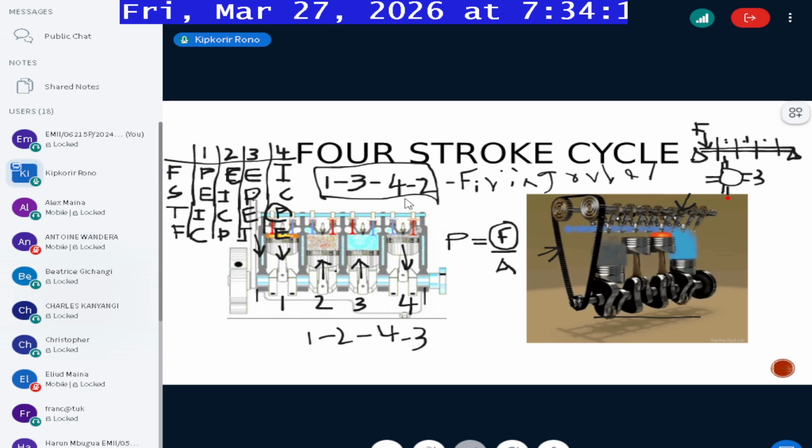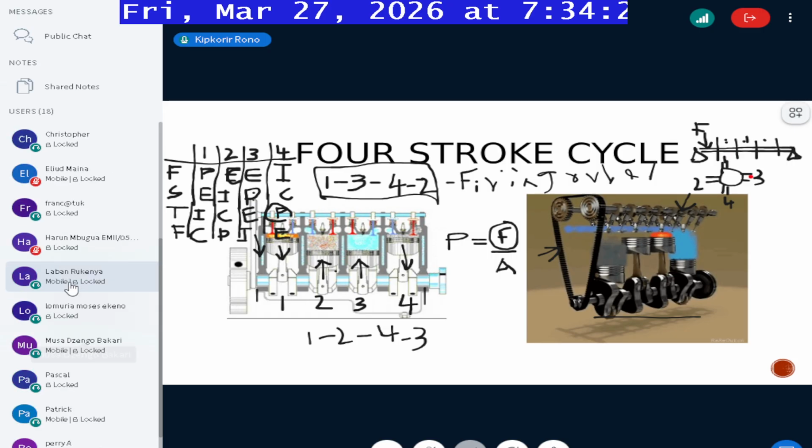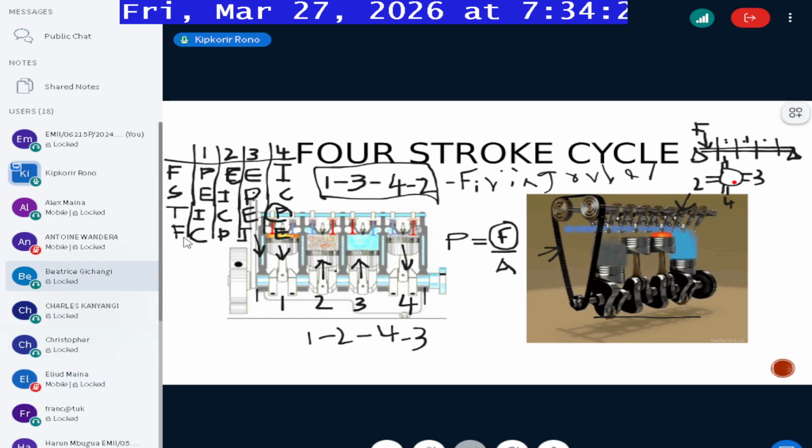It could be 1, 3, 4, 2. So it goes to cylinder 1, then cylinder number 3, then 4, then 2. So usually the distributor rotates like that. There's a contactor that rotates and distributes the current in line with the firing order.